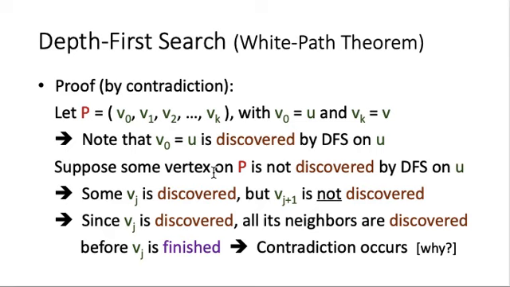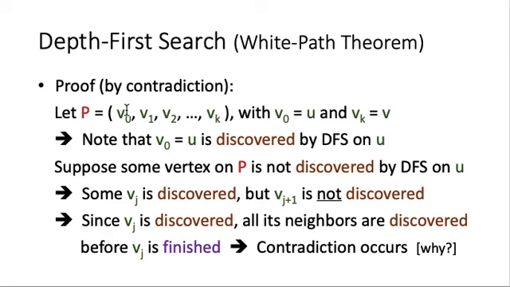Okay. Now, V0 is of course going to be discovered, because when we run DFS on U, V0 will be the first node, which is U, and it is automatically discovered immediately.